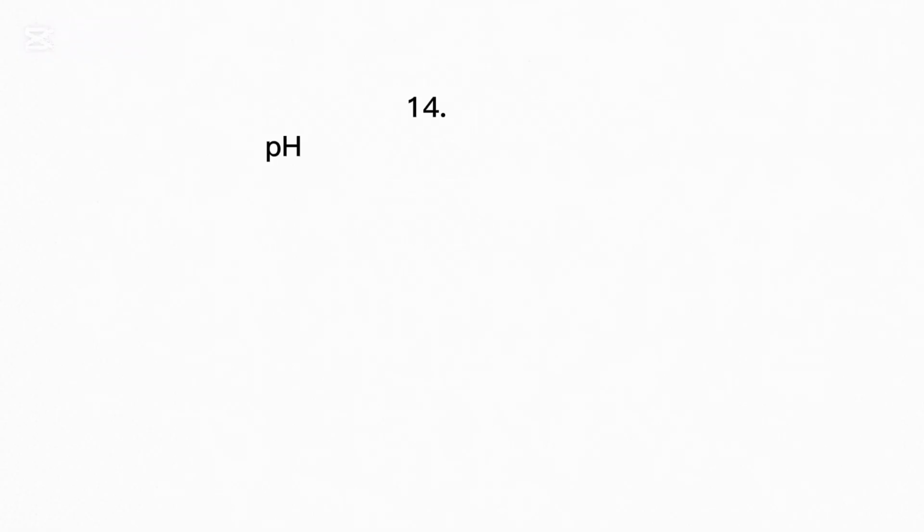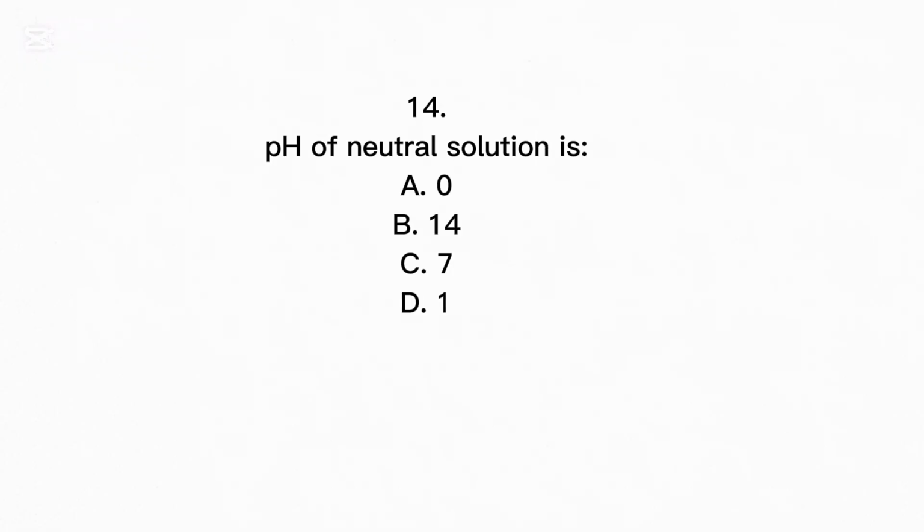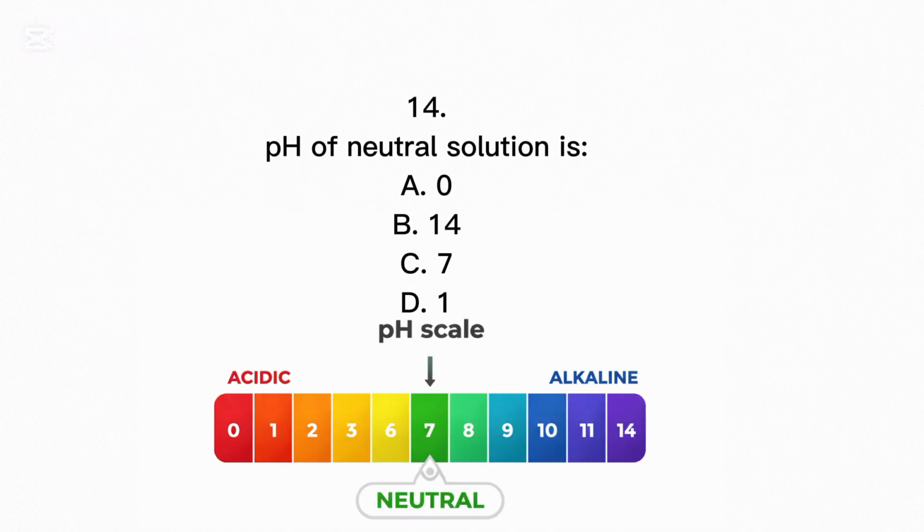Question 14. The pH of a neutral solution is A. 0, B. 14, C. 7, D. 1. What will be your answer to this question? Some will think this question is very simple, and though it's very simple to me, some of you will get it wrong. So let's see what is pH. pH shows the acidity or alkalinity of a solution.